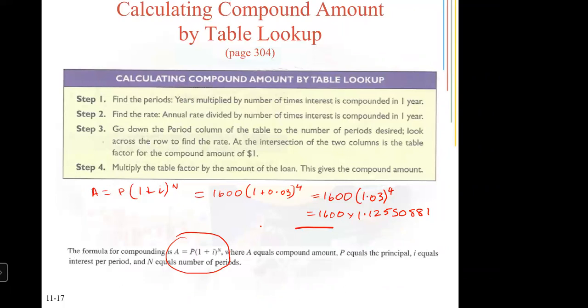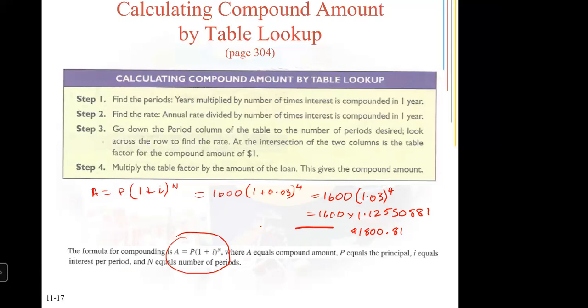So what you would do now, you would say 1,600 times that, and that would give you $1,800.81.